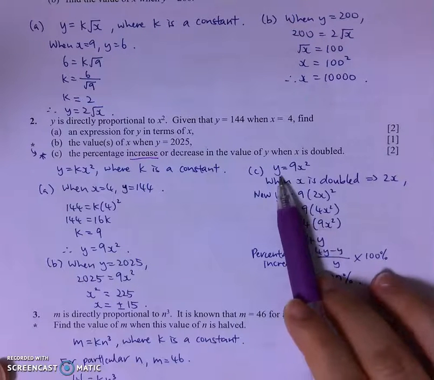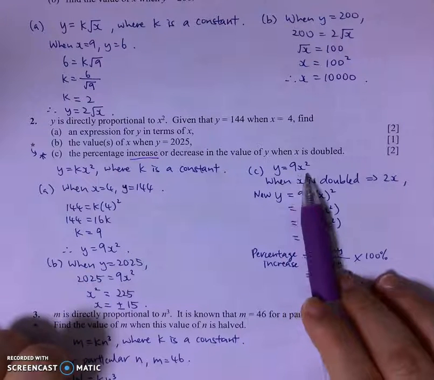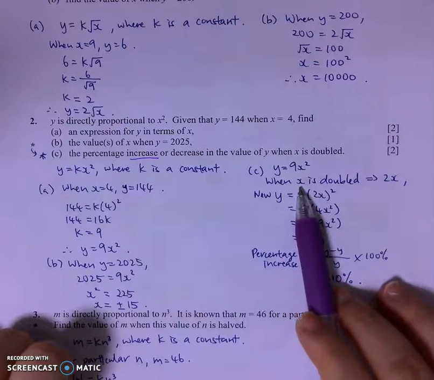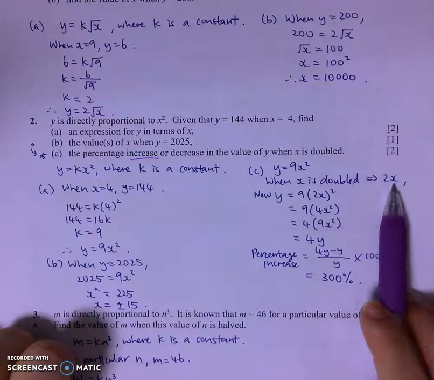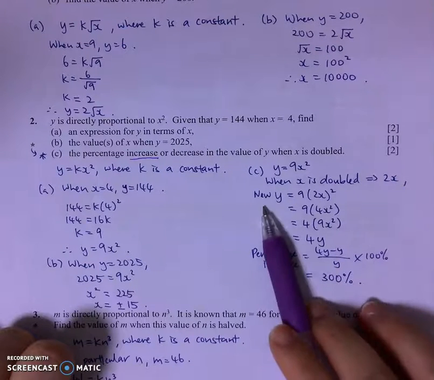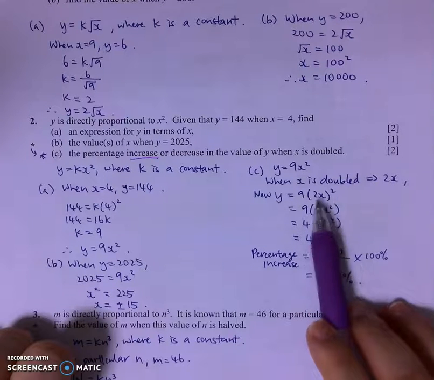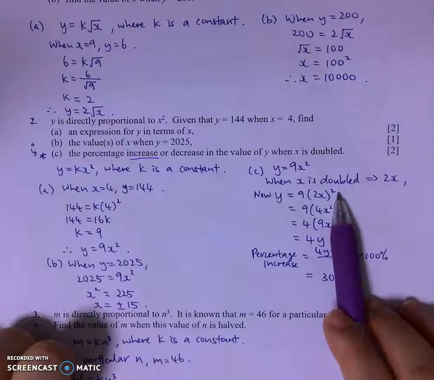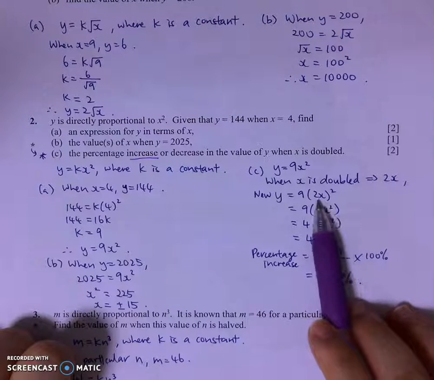So the equation that we got from part A, y is 9 times x squared. So when x is doubled, my x becomes 2 times x. The new value of y is now 9 times (2x) squared. Now the square will affect both 2 and x.